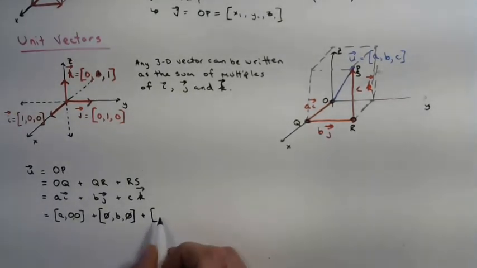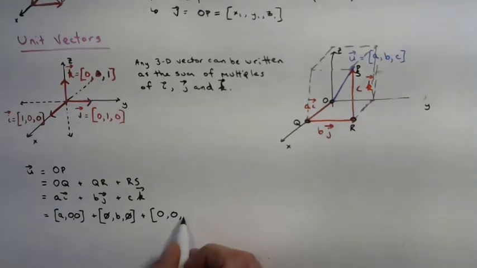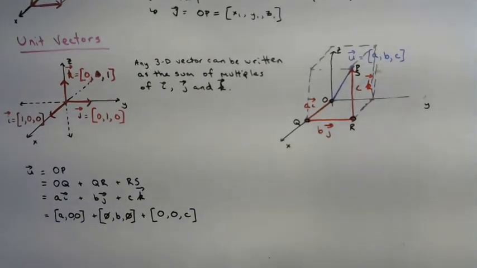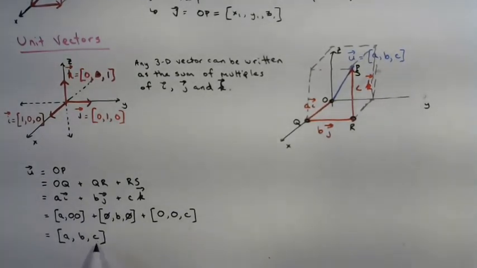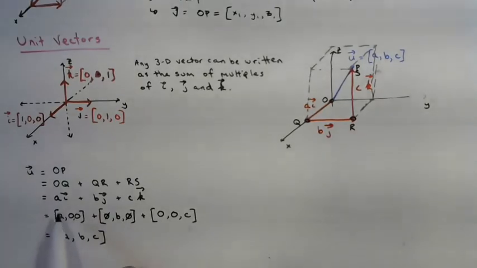And ck is (0, 0, c). When we put all that together, okay, we really just get (a, b, c). All right? Right here, it's a little breakdown of different ways that you can talk about u and how you can get there, how you're adding, how it's helpful to break it into its components along each axis.